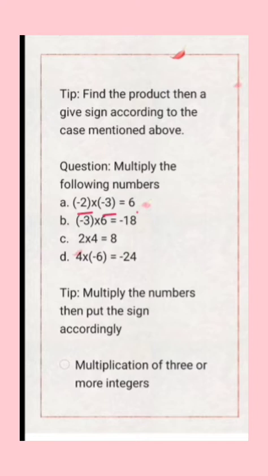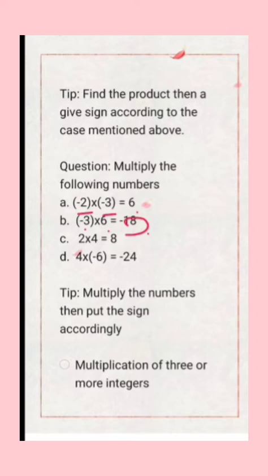Move to next, -3 into 6. -3 is a negative integer and 6 is a positive integer. So what is your first step? First you will multiply the numbers. Hence 3 6s are 18, and one is negative, another is positive, so minus into plus is minus. Therefore your answer will be negative.